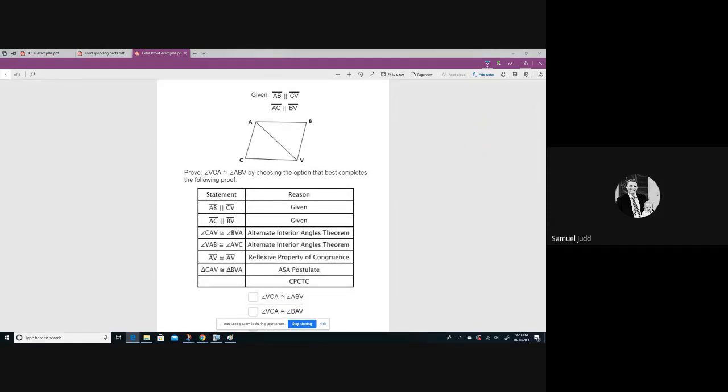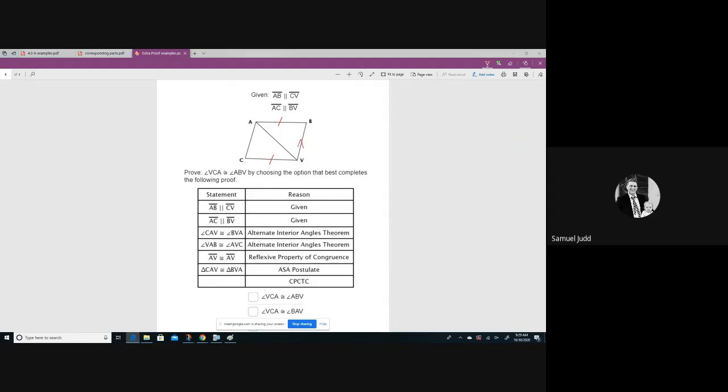All right, let's talk through this guy. Prove that VCA and ABV are congruent by choosing the option that best completes the proof. Now, we are given that AB is congruent to CV. So AB is right here, CV is right here. Okay, those guys are congruent. We are given that AC is parallel to BV.